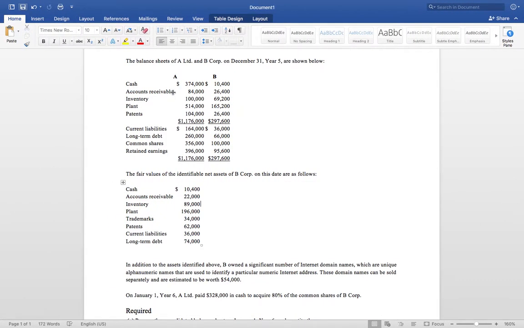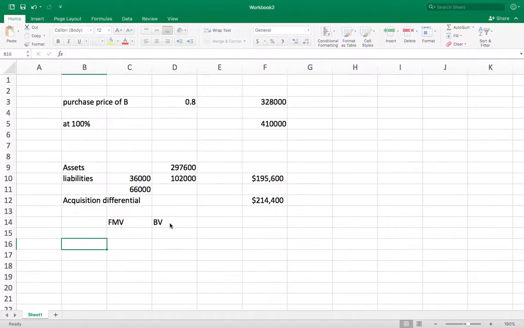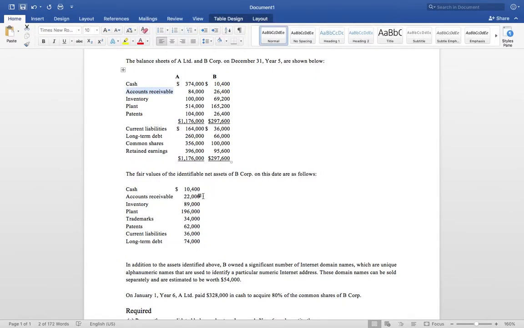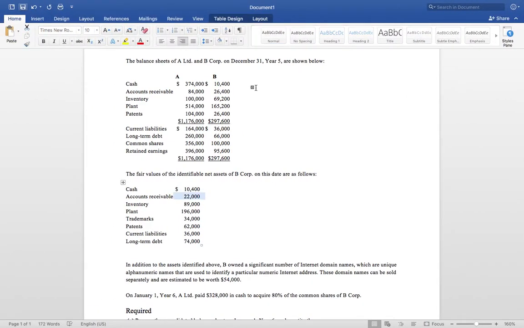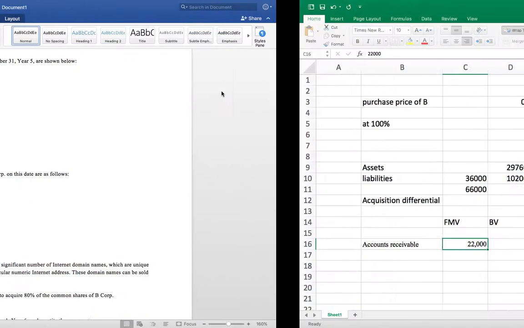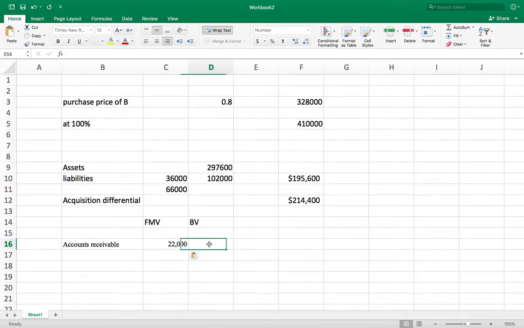First of all, we take accounts receivable. Fair market value is 22,000, and their book value is 26,400.